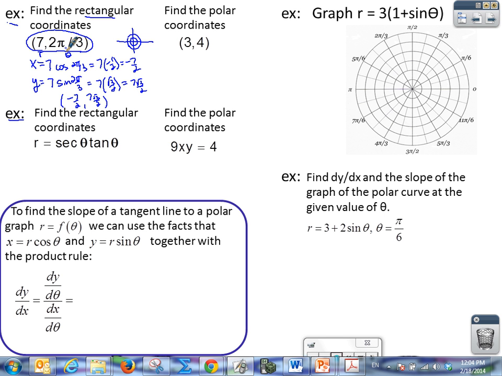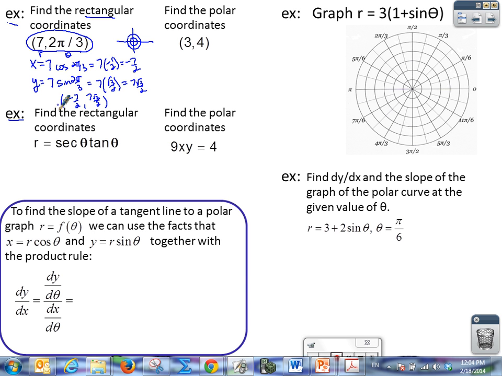It's in the second quadrant, right? So I'm supposed to have a point that's in the second quadrant with a positive ring. So I'm supposed to be in here. I need to look at my rectangular point and verify that it's in the proper location. So -7/2, 7 root 3 over 2, is that going to be in the second quadrant? It is, so we have the proper point.